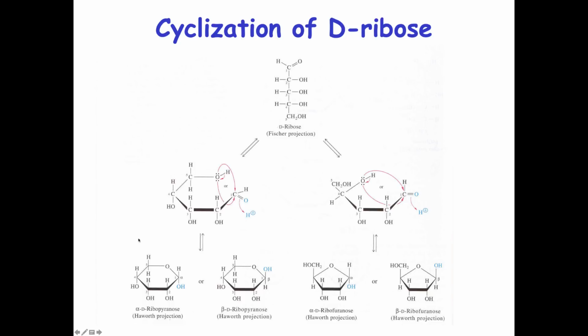Here we see that this is the alpha anomer, this is the beta anomer. So again, you can form either ring structure depending on which hydroxyl group attacks the carbonyl group.